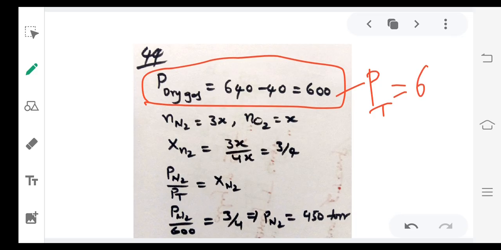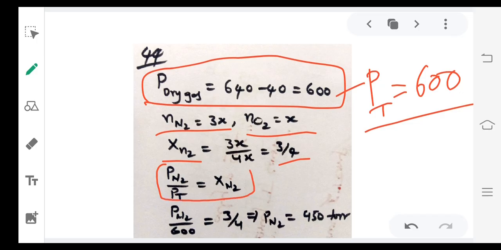So P total equals 600. This is the pressure of the gaseous mixture. Now moles of N2 are 3x and moles of O2 are x, because the 3:1 ratio is given. XN2 you can write 3x by 4x, that is 3 by 4. Then partial pressure of N2 equals mole fraction of N2 into total pressure, or PN2 by P total equals XN2. So P total we got 600, so PN2 will be 450 torr.